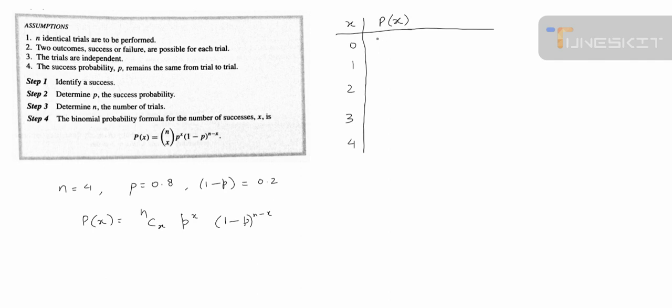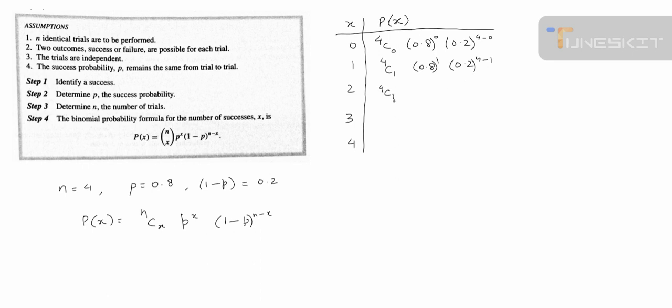Now 4C0, p has a value 0.8, so this has to be raised to the power 0 because no success is achieved. Then 0.2 to the power 4 minus 0. Then we have 4C1, 0.8 to the power 1 and 0.2 to the power 4 minus 1.